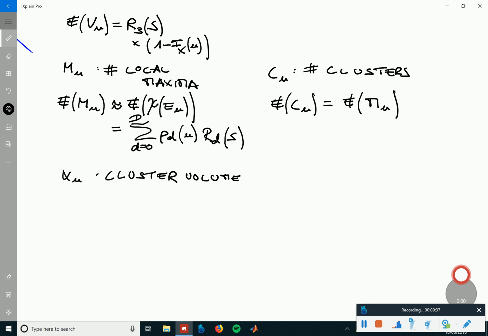And this cluster volume random variable was defined as the ratio between the excursion set volume, VU, divided by the number of clusters, which makes sense.